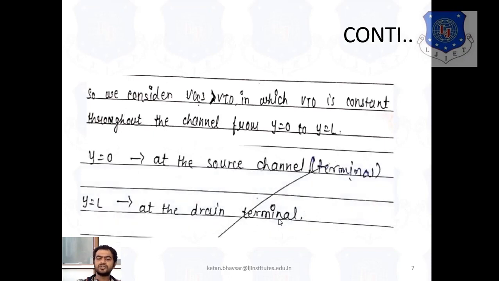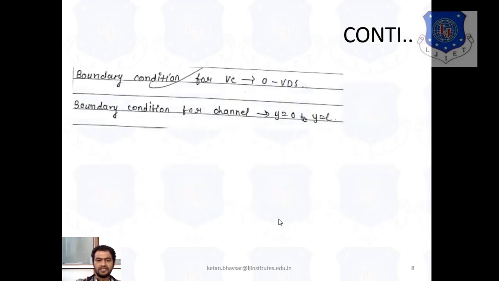Y equal to 0 is at the source and Y equal to L is at the drain terminal. For the boundary condition we consider Vc from 0 to VDS, and for the channel from Y equal to 0 to Y equal to L. Y equal to 0 is where the channel starts forming, and L is the total length of the channel between the source and drain terminals.